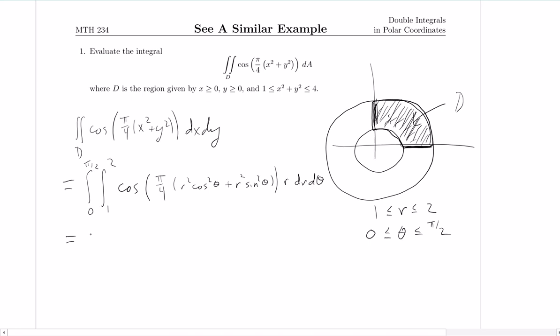Okay, now let's simplify before moving on. We can factor an r squared out, and of course cosine squared plus sine squared is just 1. So this is pi over 4 r squared.